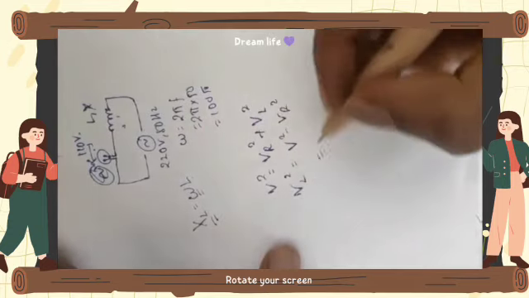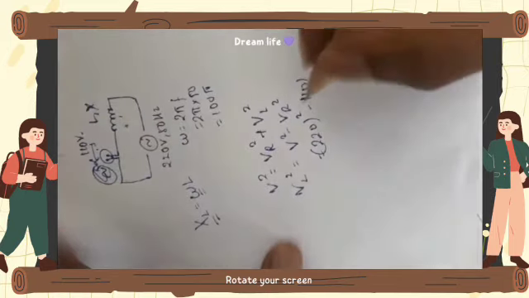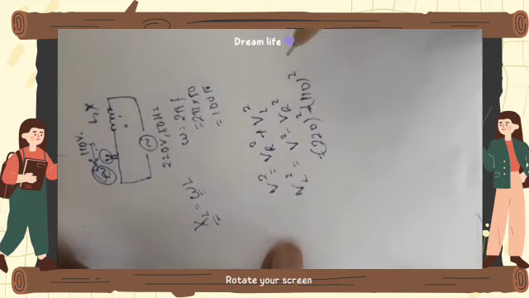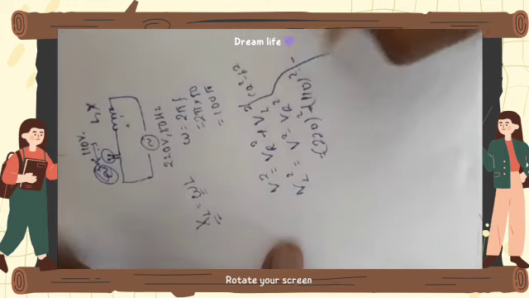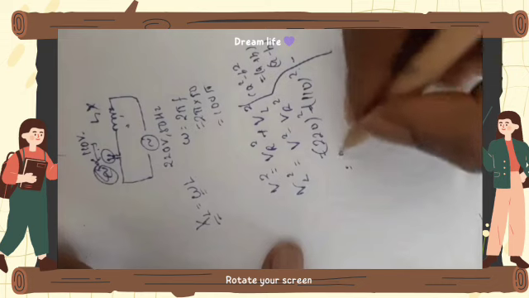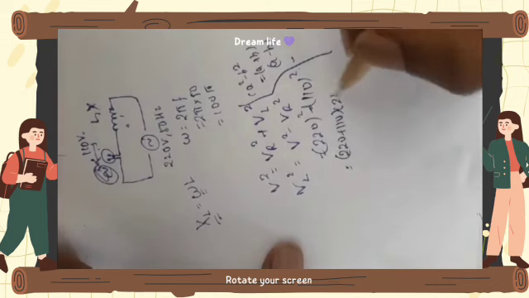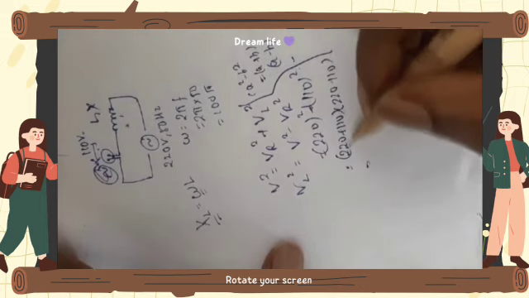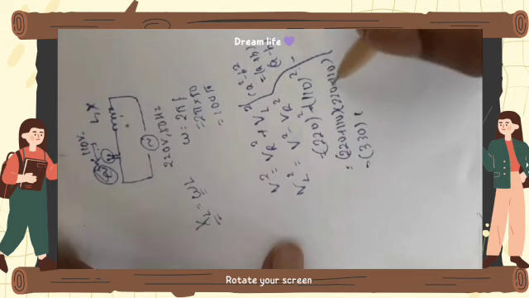So 220 squared minus 110 squared. It is in the form of A square minus B square, so I can write this as A plus B into A minus B. So this will be 220 plus 110 into 220 minus 110, that is 330 into 110.